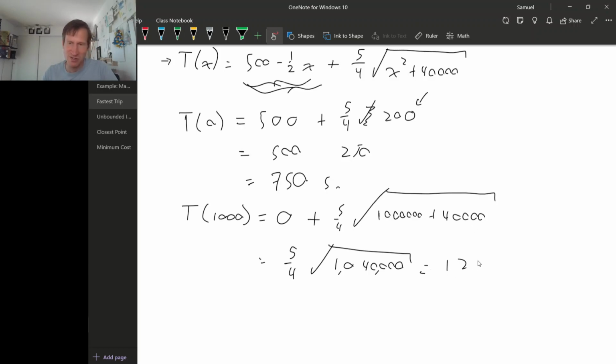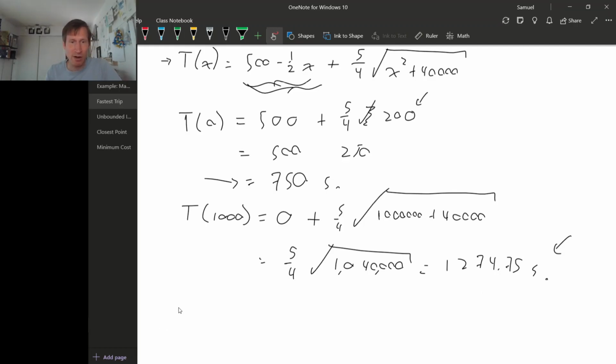Okay, 1274.75, and this is seconds. No surprise that this is much slower than this, because remember, x equals 1,000 was swimming the whole way, and swimming is slow compared to walking, so no surprise that it's quite a bit longer.